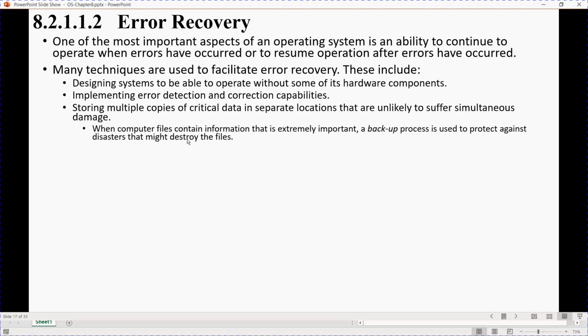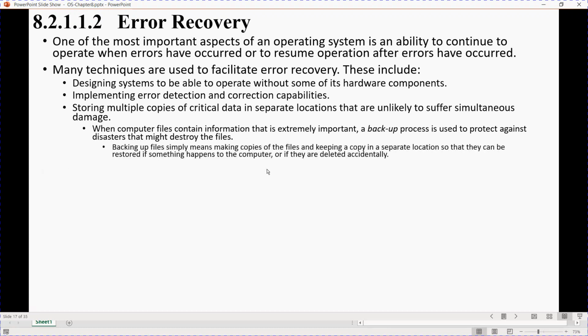If you have computer files that are extremely important, then you should have a backup process, a system for creating these copies as a protection against disasters that can destroy the files.